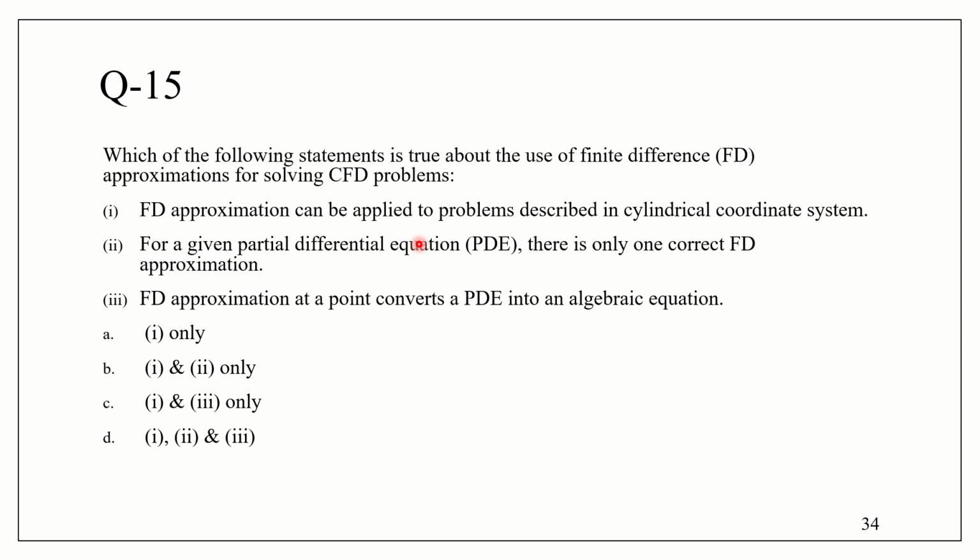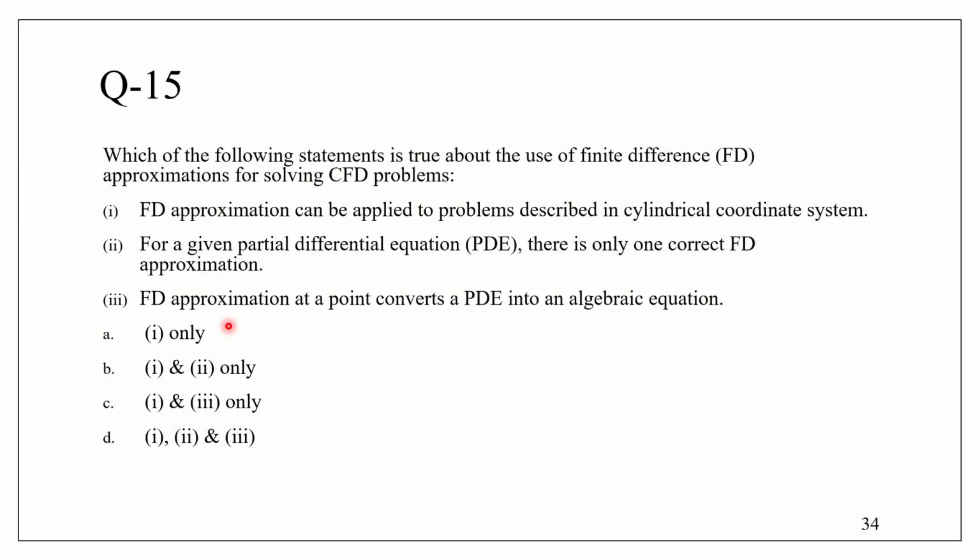We saw in the last class that we discretized a single equation by different FD approximations. For example, we can discretize using the forward approach or the central difference approach, depending on what is needed, the order of accuracy, and many other factors. For a given partial differential equation, there can be many correct FD approximations. So statement 2 is false. Statement 1 is true, statement 2 is false.